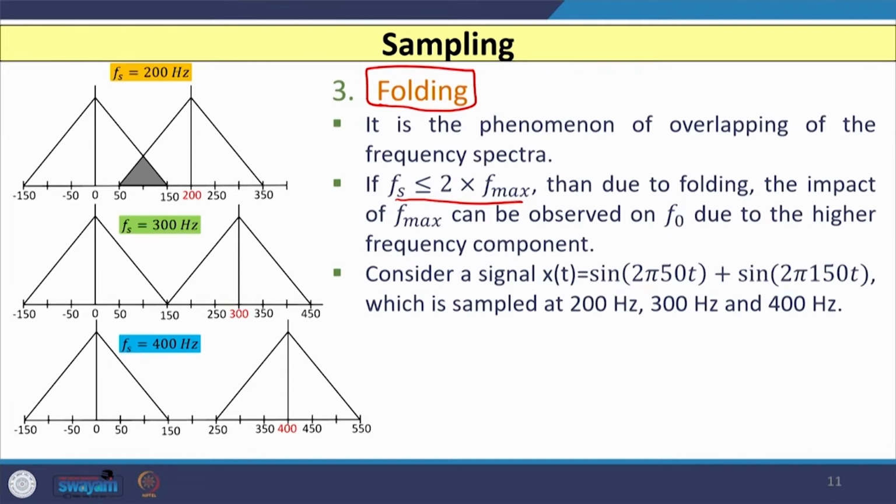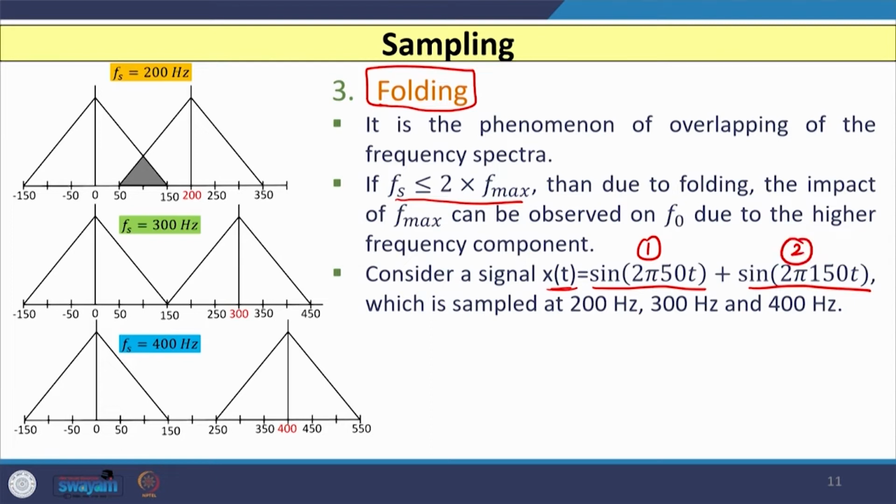To understand it, let us consider the signal x(t) given by sin(2 pi 50 t) plus sin(2 pi 150 t). So, x(t) contains two parts: one part is sin(2 pi 50 t) and the second part is sin(2 pi 150 t).